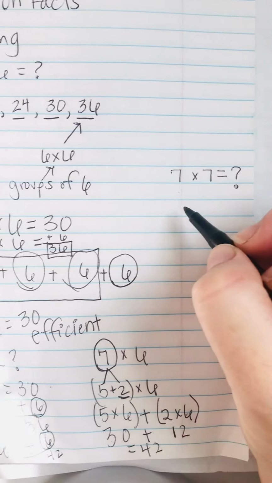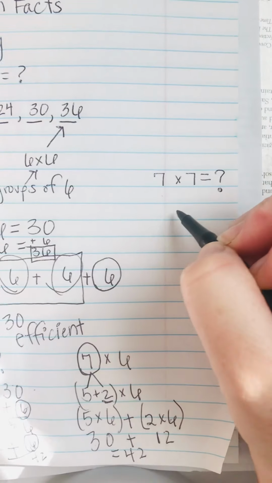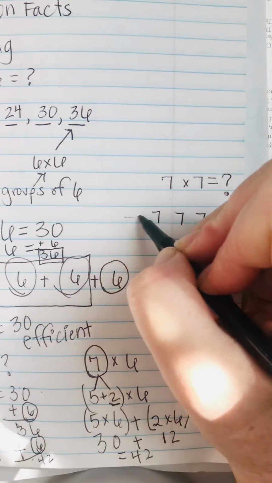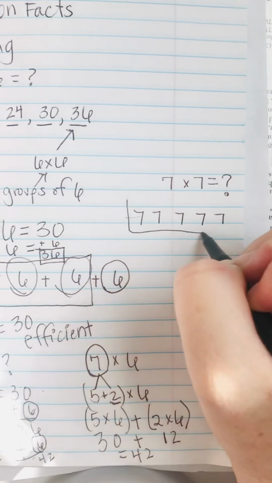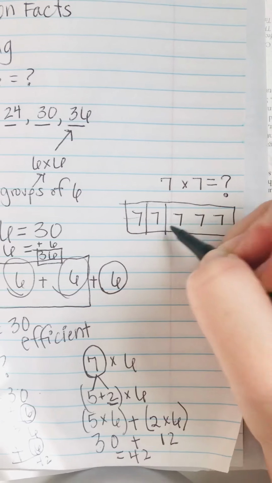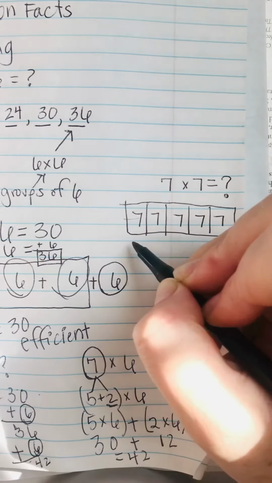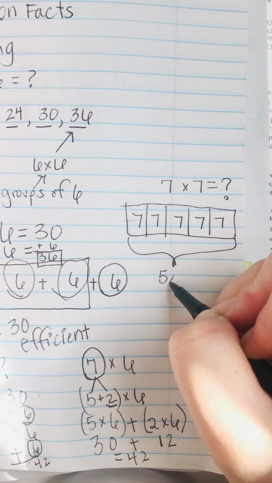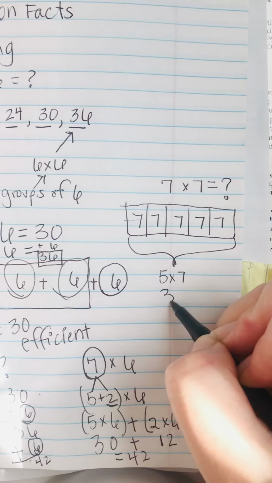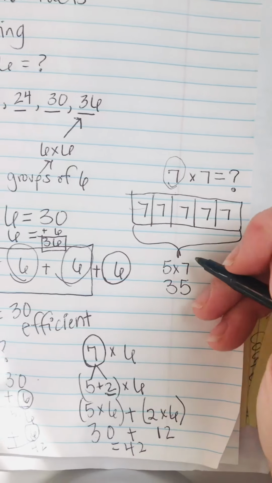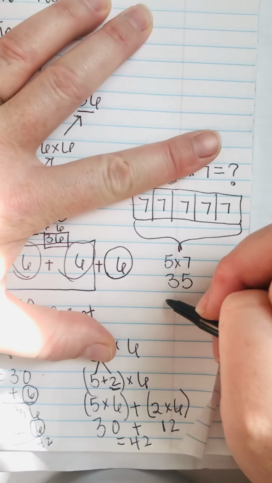Okay, we're back. This time I'm going to show with a tape diagram. Tape diagram is used in the Eureka Math curriculum to show a model to represent the problem. So right here, if we know that 5 groups of 7 is 35, now if I want 7 groups of 7, I have a couple ways I can solve that.